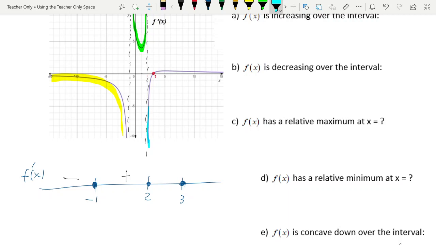Then the next section of my graph, between 2 and 3, we can see those values are all negative. And then finally, the values after 3, those y values are all positive. This is going to be enough for us to answer any first derivative questions.